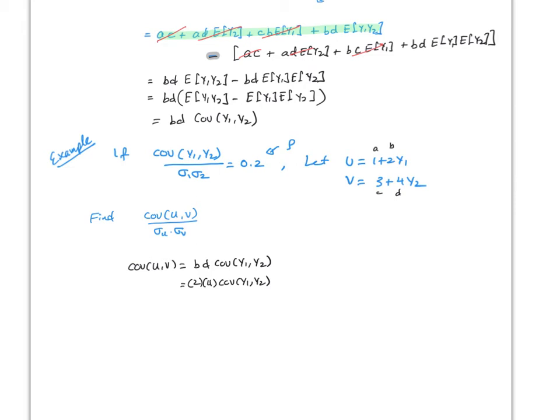And then the variance of u is going to be 2 squared times the variance of y1, which is 4 times the variance of y1, and the variance of b, probably not the best choice for letters, but okay, the variance of b is going to be 16 times the variance of y2.